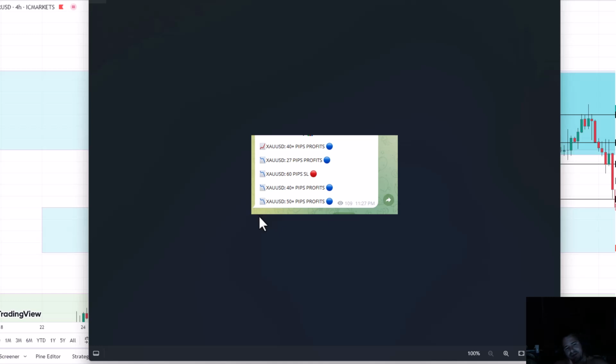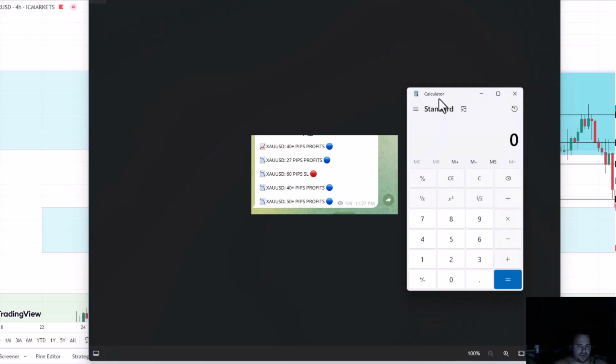So let's say he put 150 pips take profit, the order goes his way, he removes some of the profit. So let's calculate it with all positions open with one lot.